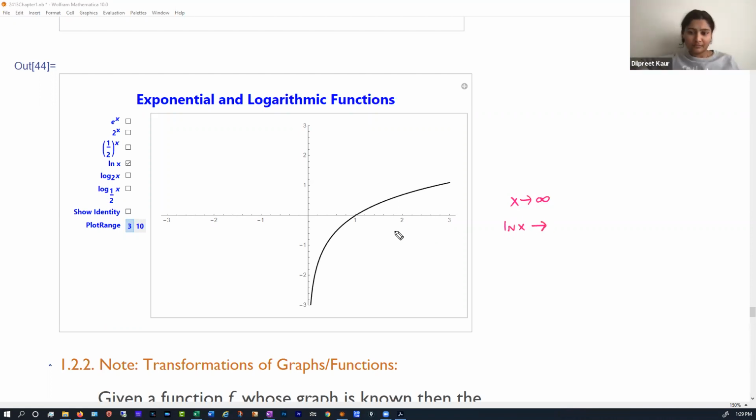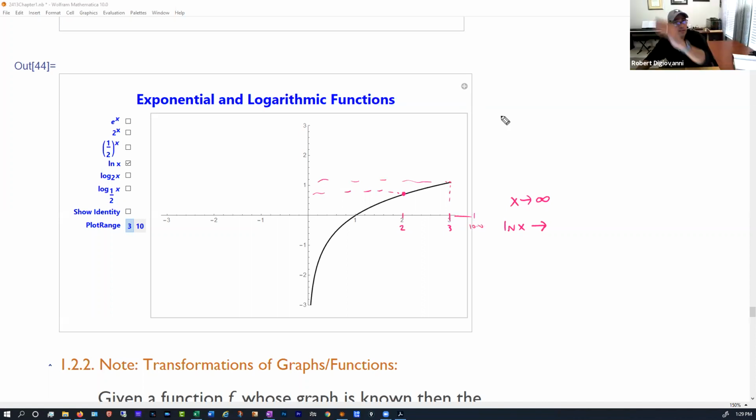Where's the function headed? Towards the negative, so the number goes smaller. So if I plug in 2, let's say, the value is here, right? If I plug in 3, the value is here, which has now gotten bigger, yes? Yes, sir. If I plug in 1 million, that's going to be further up.